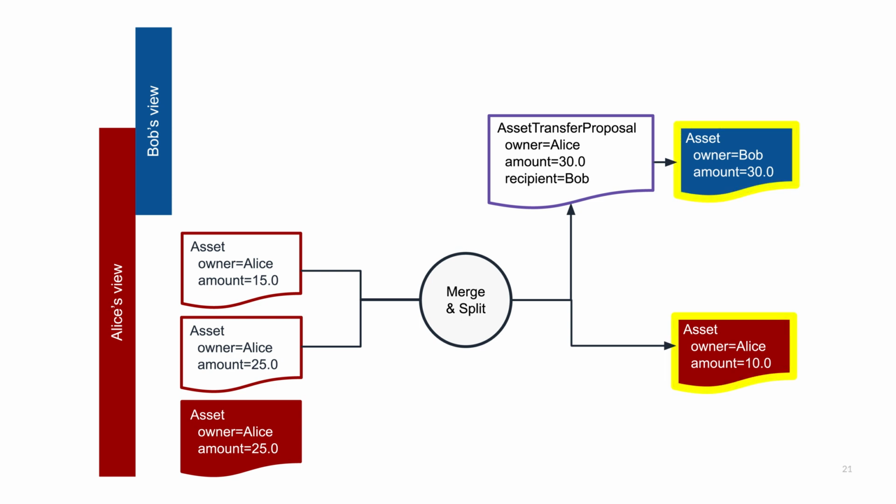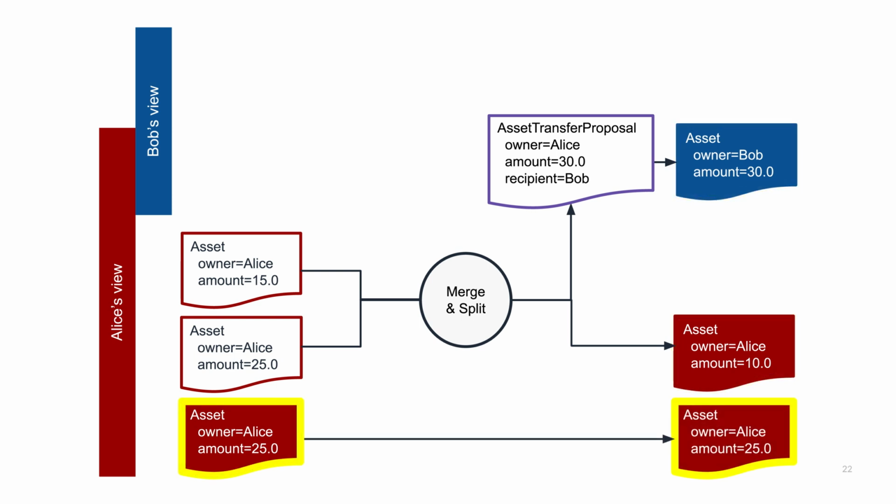Since Bob's $30 and Alice's $10 asset contracts are created as a result of the transaction, they are the transaction output. Since Alice's other $25 asset contract is not involved in the transaction, it remains as is, without becoming visible to Bob.